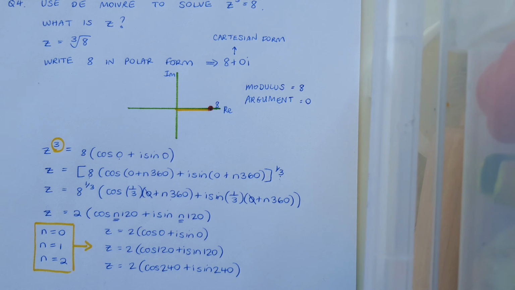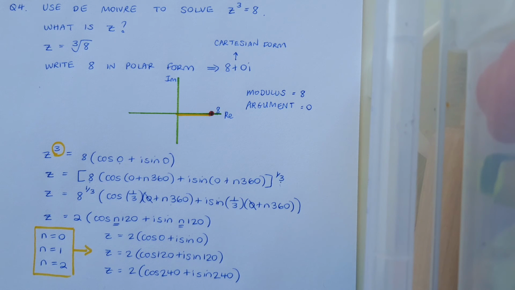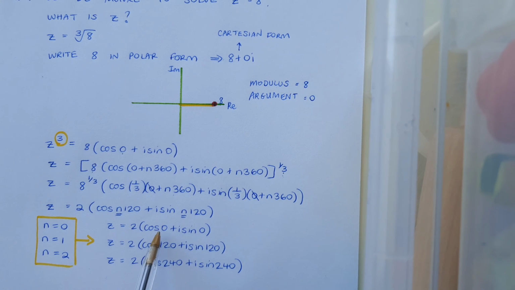And if the question doesn't specify, I could probably leave them in polar form like this. But generally what you'll find is that they'll either ask you to write it back in a plus bi, or you'll feel an obligation to present the answer in the same format that they asked the question in. So it's just like a little bit of etiquette, if you like. And of course, it's really easy to evaluate this just using your calculator. So all you have to do is just type in cos 0 and sine 0 and see what you get for those.